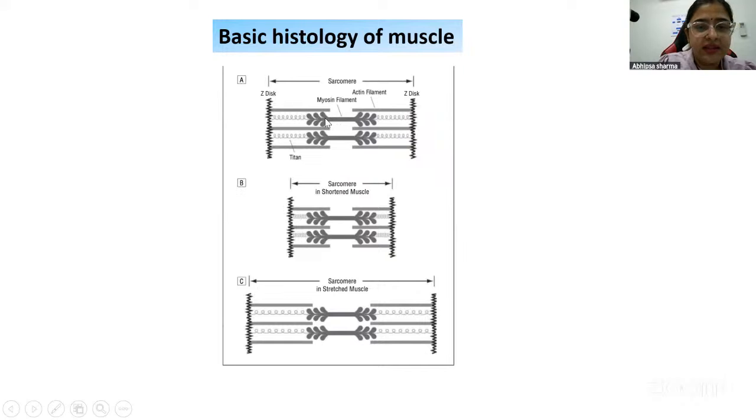These myosin filaments lie between the actin, and when the muscle contracts, these knob-like heads, as you are seeing in this shortened muscle, interact with actin and cause them to move along the actin filaments, and they cause a constriction of the muscle fiber. This increase in force that results from this active contraction is known as the active force generation of the muscle.